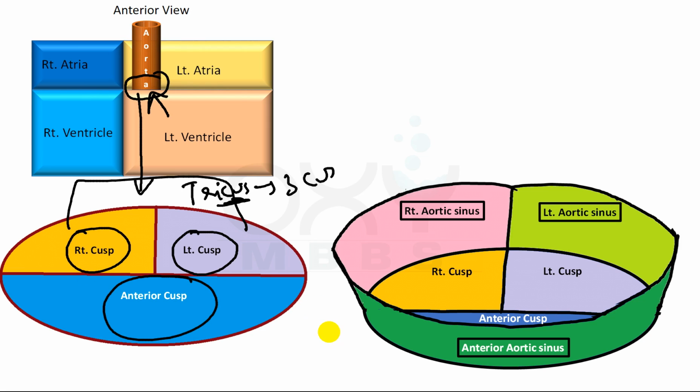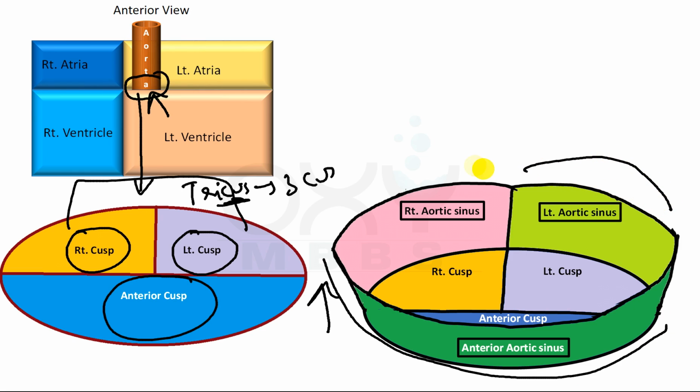And just above these cusps our aorta shows some bulging. So the bulging just above the right cusp is called the right aortic sinus, and the bulging just above the left cusp is called the left aortic sinus.